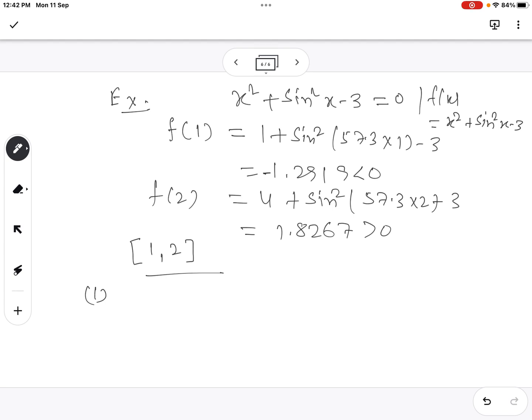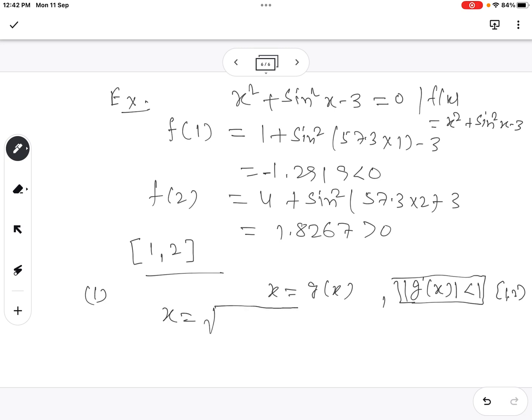In other words, we need to write this equation in x equal to g form, such that the absolute value of the derivative of g should be less than 1 in this interval 1 and 2. So x equals square root of 3 minus sine square x. This is what we have written.